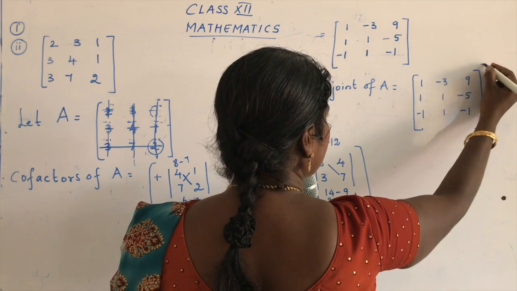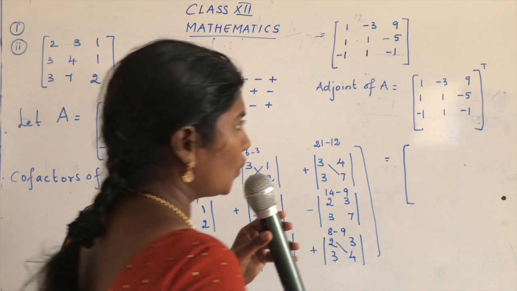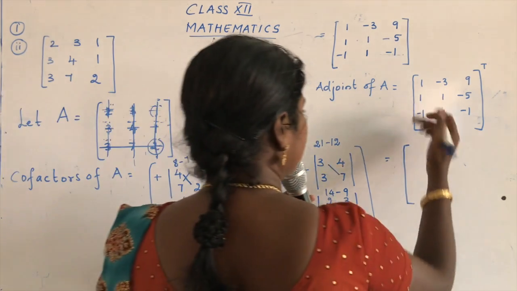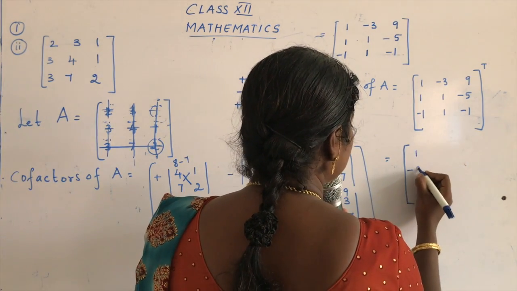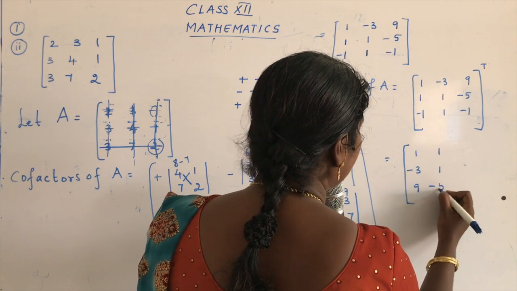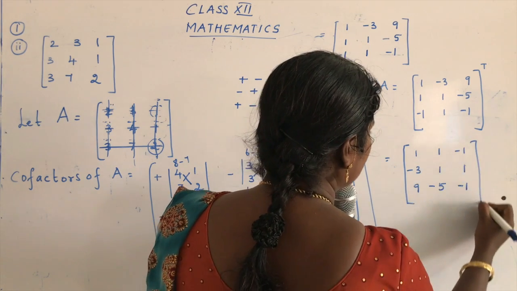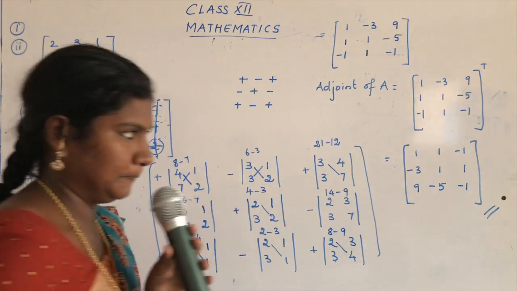We have to write down your transpose. So what your answer becomes now? Just interchange the rows and the columns. So this becomes 1, minus 3, 9, 1, 1, minus 5, minus 1, 1, minus 1. So now this is our answer.